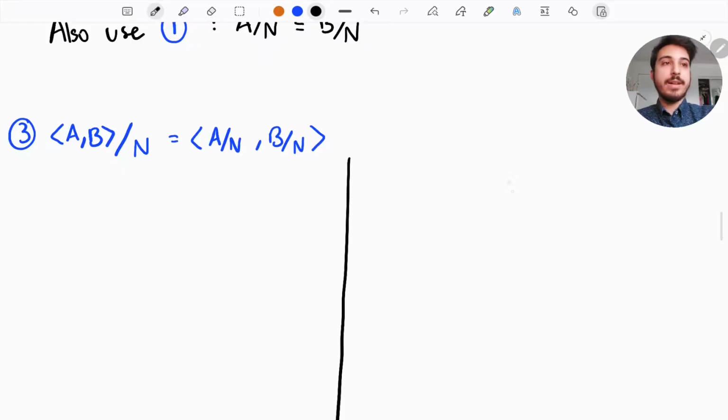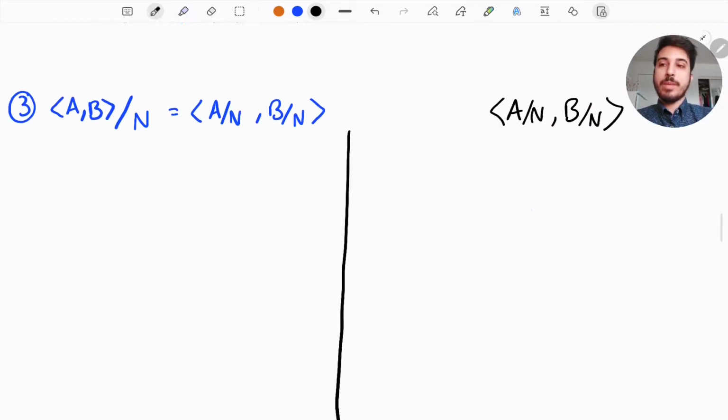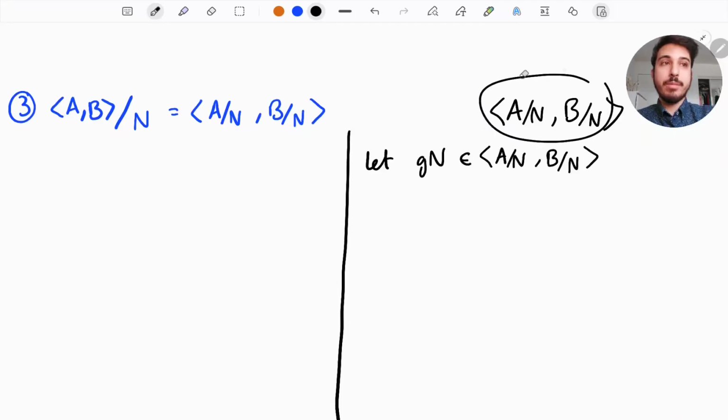And on the right-hand side, I will write down what happens with A/N, B/N. So if I have an element gN in <A/N, B/N>, remember, this is a subgroup generated by cosets. So this has to be a coset.